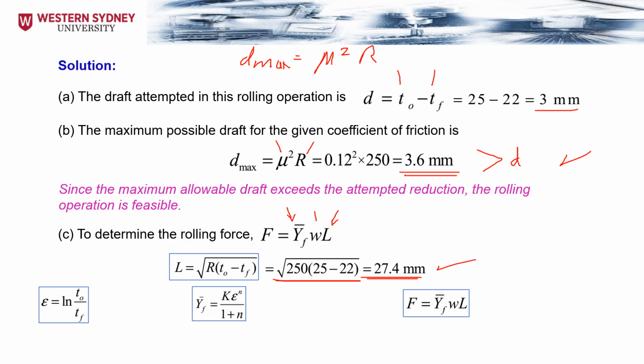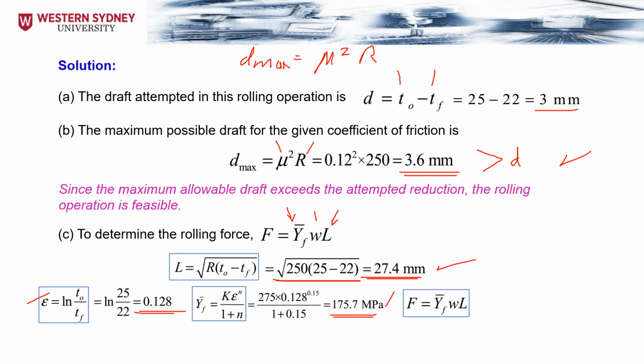Now the ln of 25 divided by 22 will be 0.128. Done. Now I'm going to apply the parameters to find the value for Y_f prime, the average flow stress, and I found it to be 175.7 megapascal. Done.